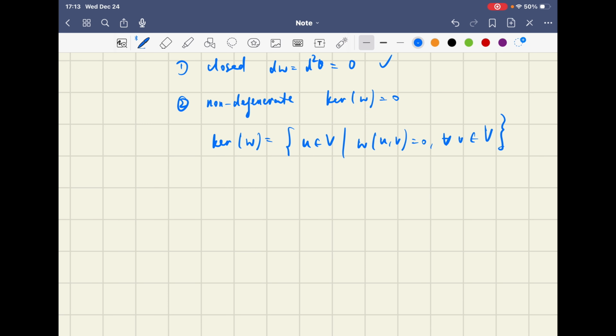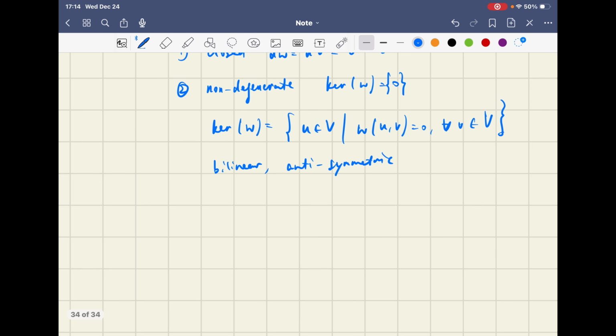That's a little hard to verify, but we can establish a series of equivalences. First of all, since the two form is both bilinear and anti-symmetric, we can transform it into the multiplication of matrices.